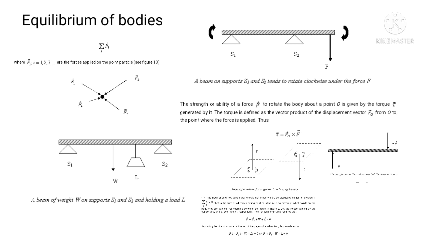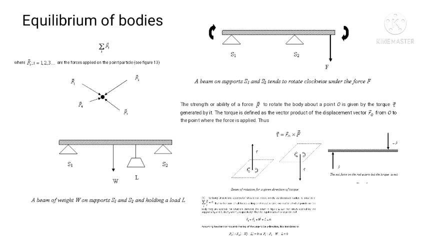To consider the equilibrium of such extended bodies, we need to see the other effects that a force produces on them. In addition to providing acceleration to these bodies, an applied force has two more effects. One, it tends to rotate the body, and two, it deforms the body.